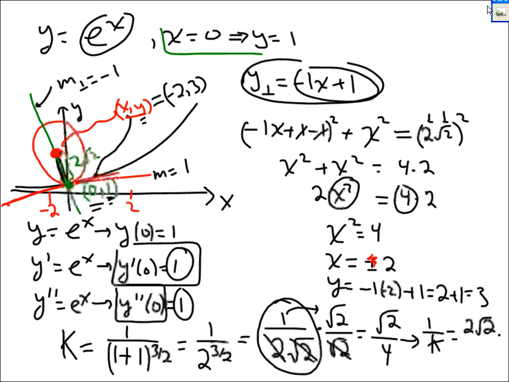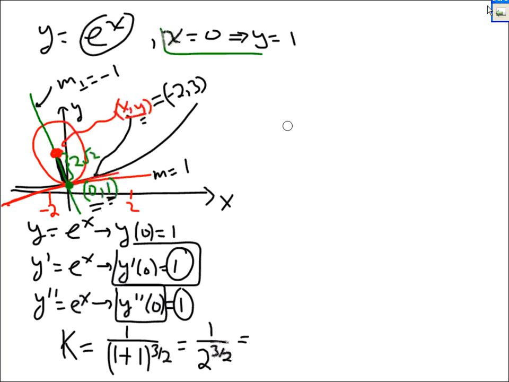I know the center and I know the radius. So let me get rid of most of this, at least the right half. The center is (-2, 3), and I found the radius. It's 2 square root of 2.